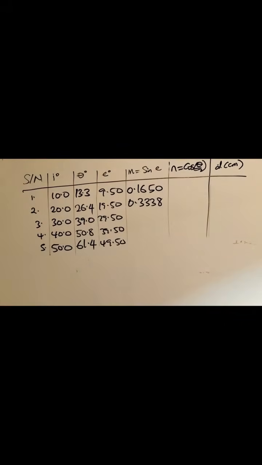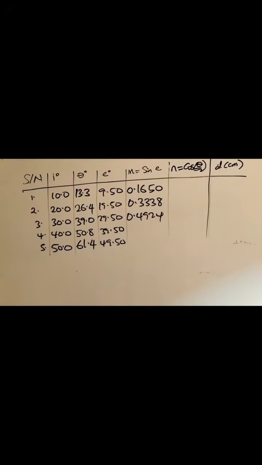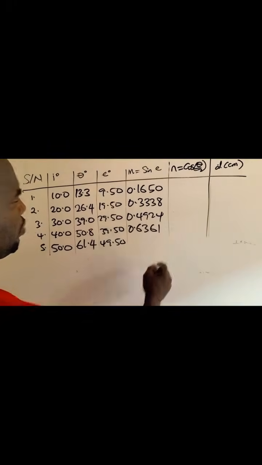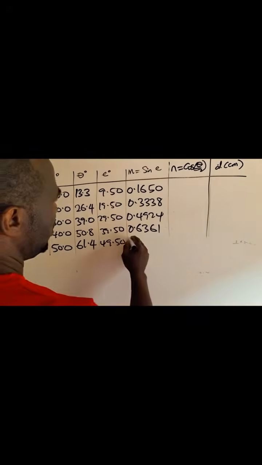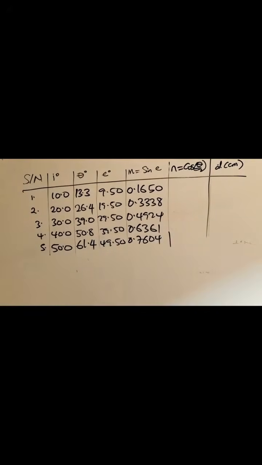Sine of 29.5 will give us 0.4924. See, you're gradually filling your table. Sine of 39.5 gives us 0.6361. Sine of 49.5 gives us 0.7604.